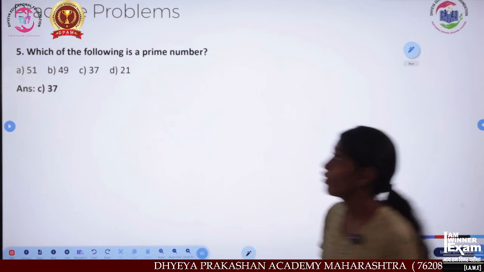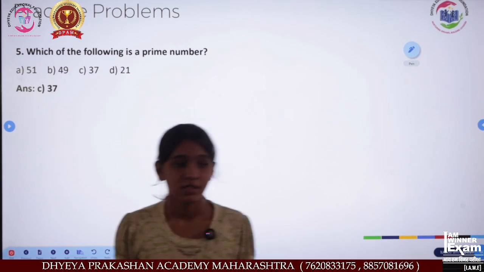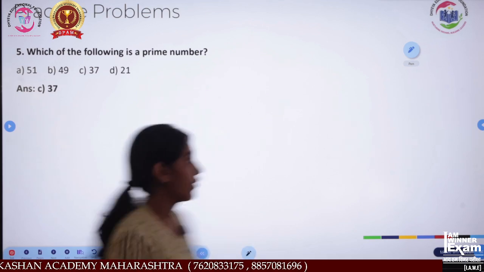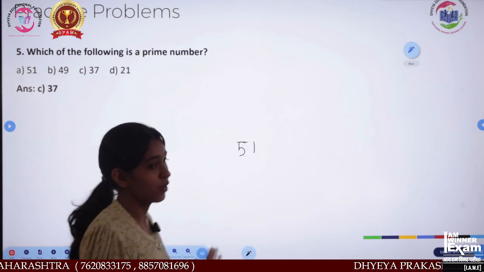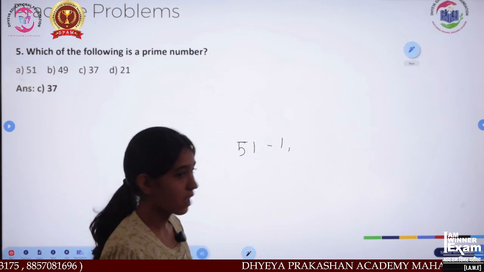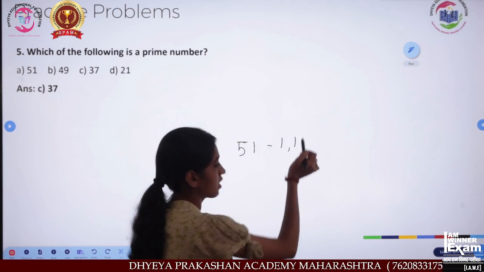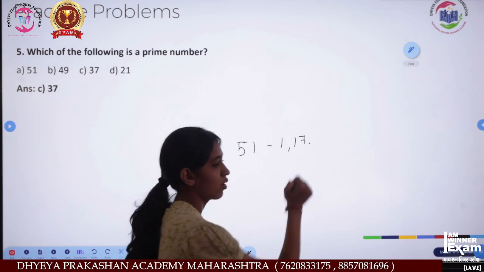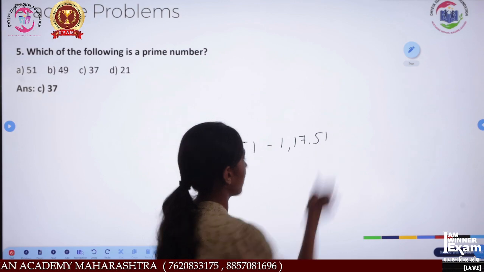Which of the following is the prime number? What is a prime number? A prime number has only two factors, 1 and itself. If I take 51, 51 has more factors. 1 is a factor of 51, then 17 or 19, and 51 is also a factor of itself.